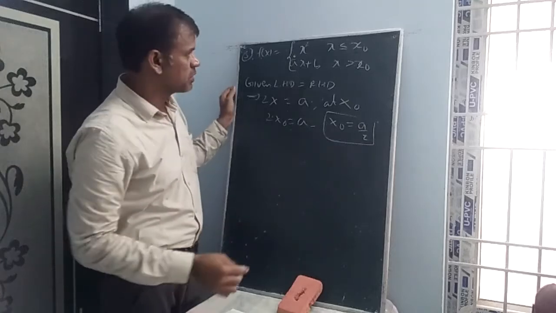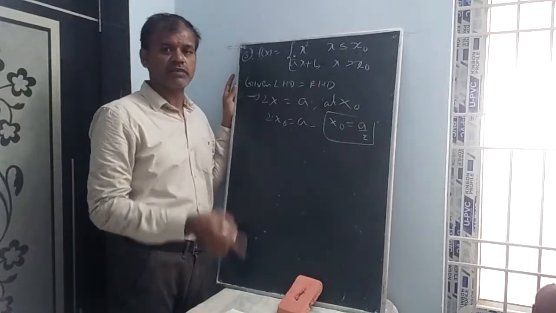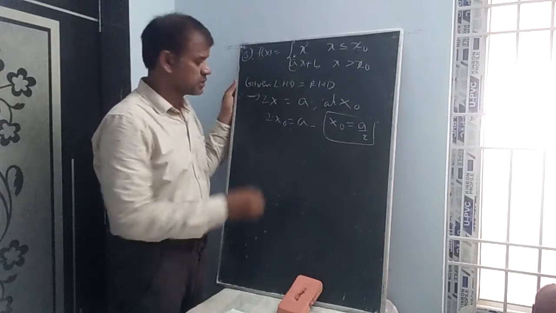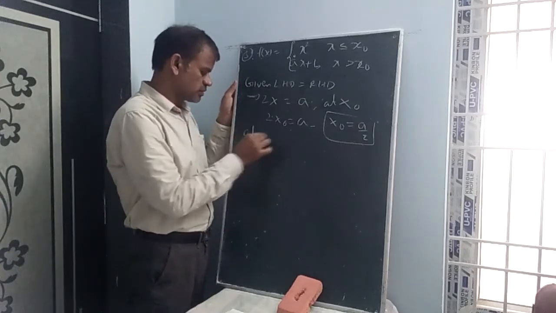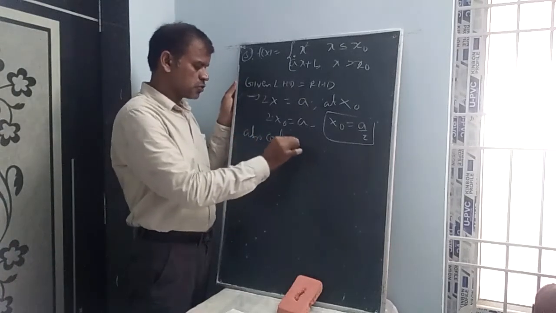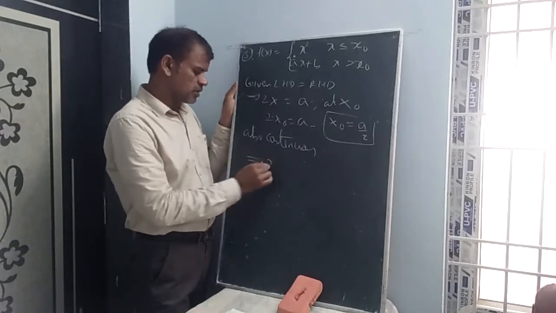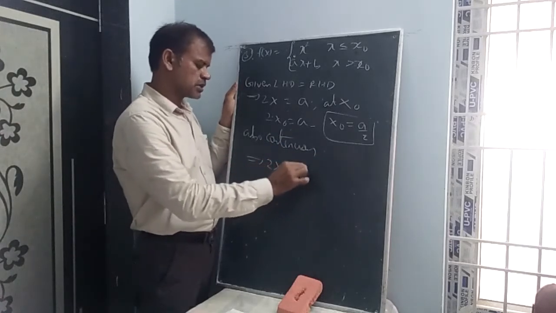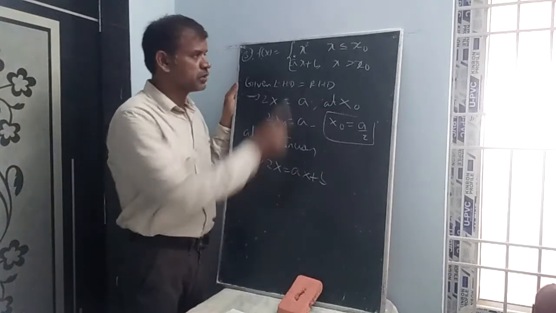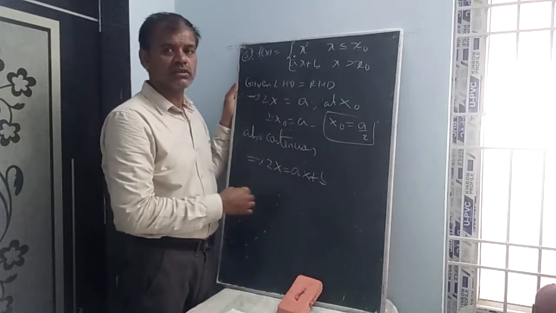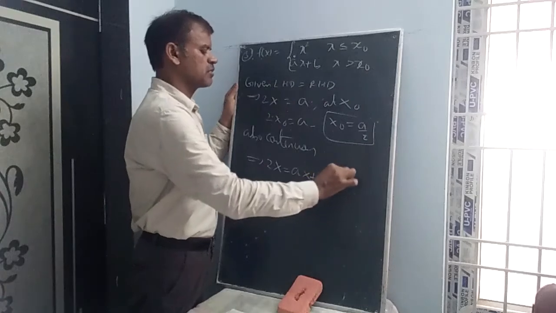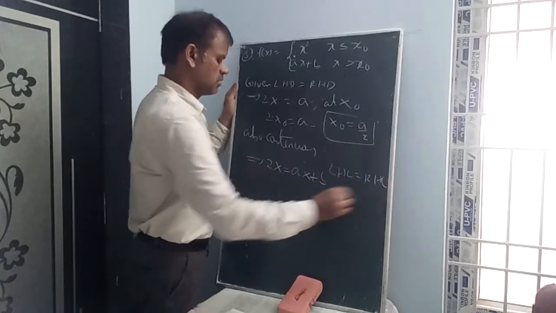One thing we should observe: whenever a function is differentiable, it is always continuous. Also the continuity concept I am writing. So whenever it is continuous, the limit directly you can understand 2x is equal to ax plus b, because LHL equal to RHL I am discussing.